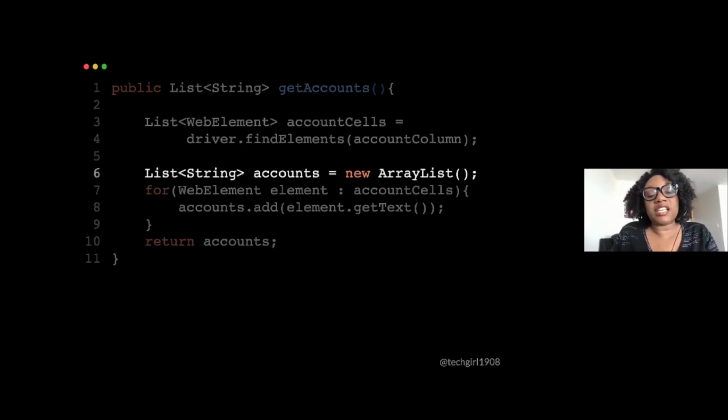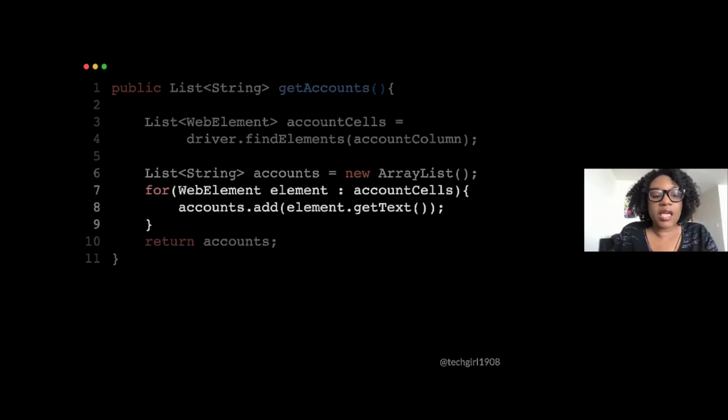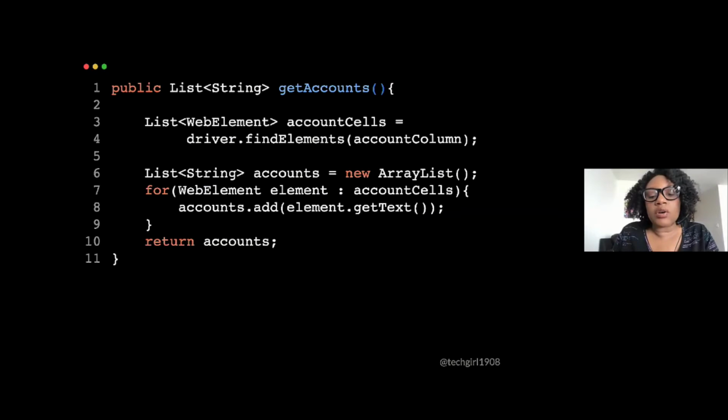Then it creates a new list to hold just the text of the web element. So this is a list of strings. And then to populate that list, we loop through each of the elements from line 3. We get their text, and then we add them to our new list on line 6. And then notice this method needs 2 lists and a loop.